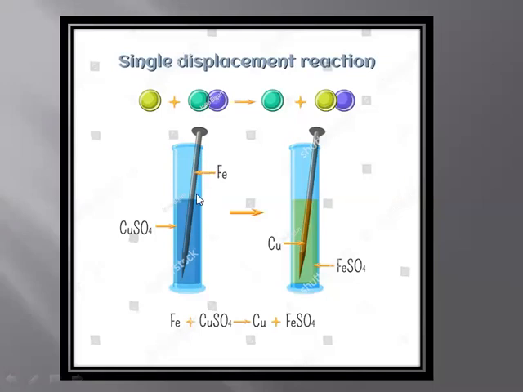We can see that in a test tube, a solution of copper sulfate has been taken. An iron nail has been placed in it. We leave the setup undisturbed for a few hours and then observe it. We observe a color change of the solution. The solution now turns light green.